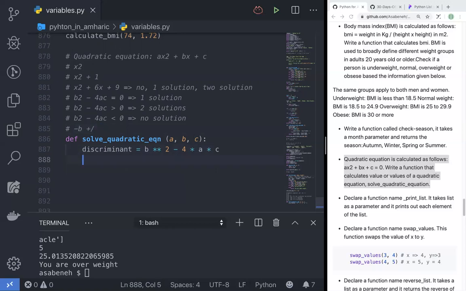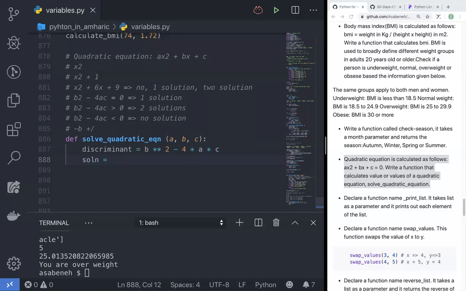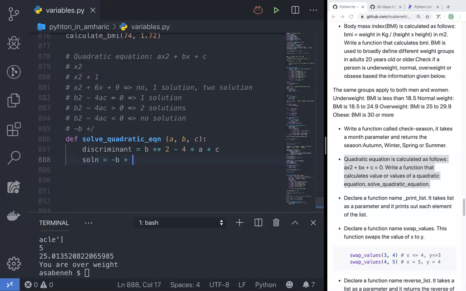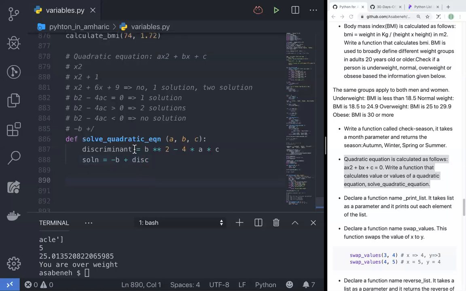Okay, so how do we get the solution? Solution: minus b plus. The discriminant, so b squared minus 4ac is the discriminant. To take the square root, we can raise it to the power of 0.5, right?